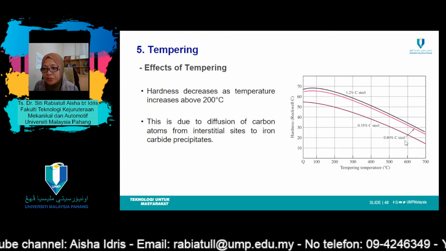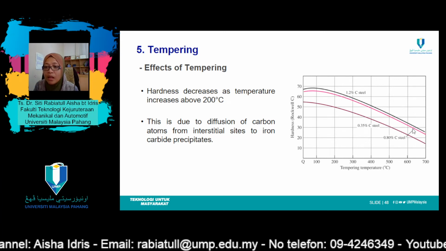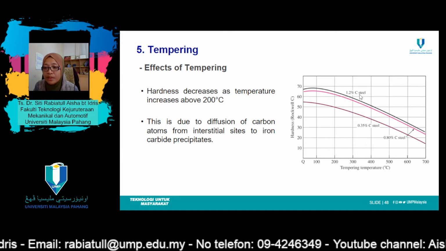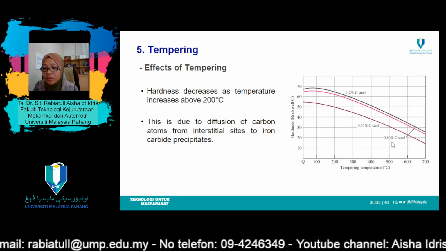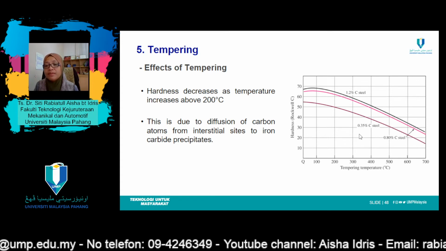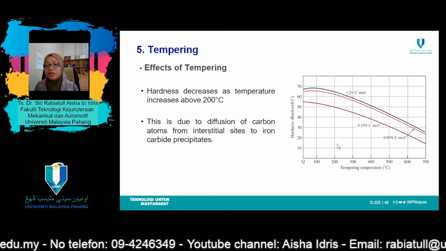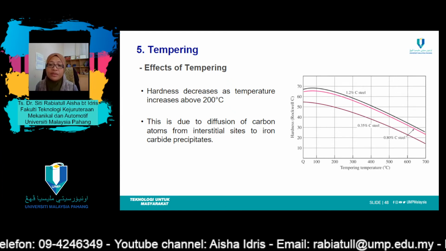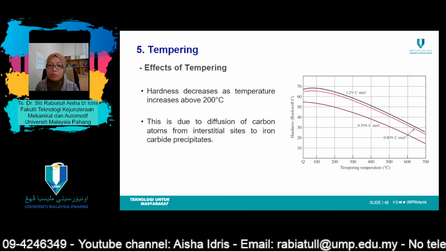You can see the trend from this profile. If you compare 1.2% carbon steel, 0.8% carbon and 0.3% carbon steel, it's all decreasing in hardness when temperature keeps increasing for tempering.